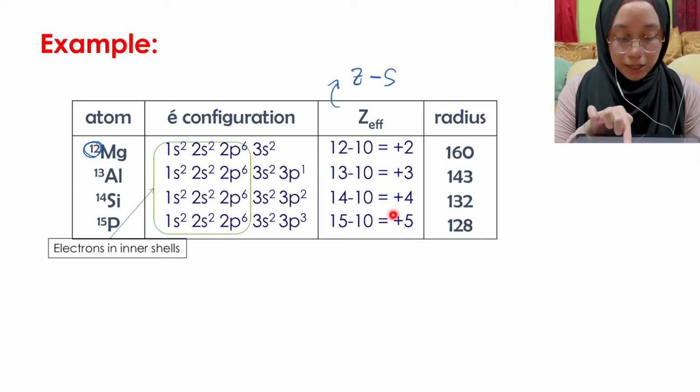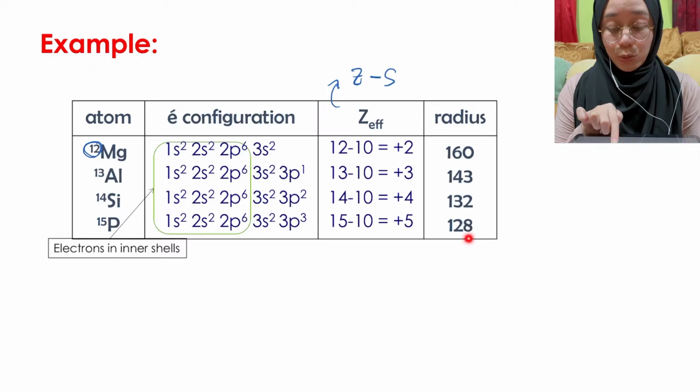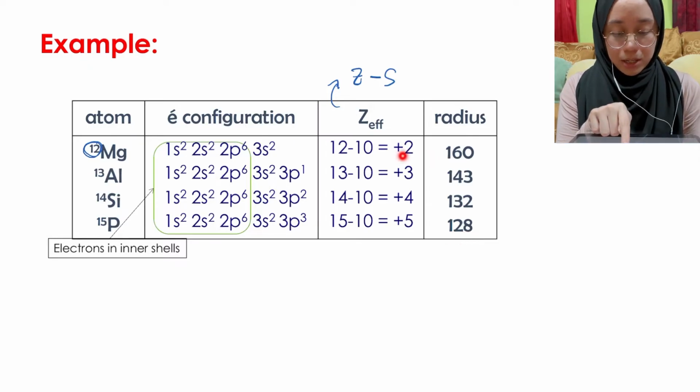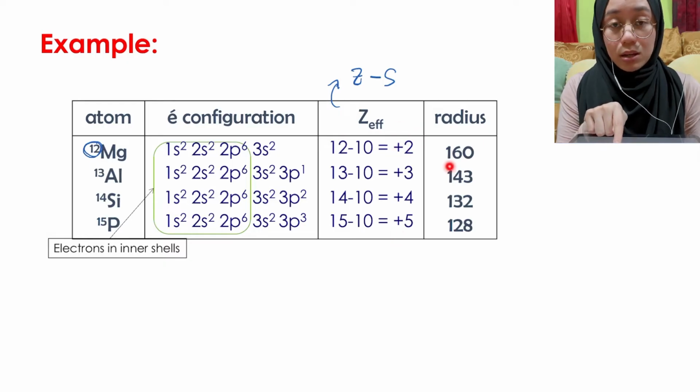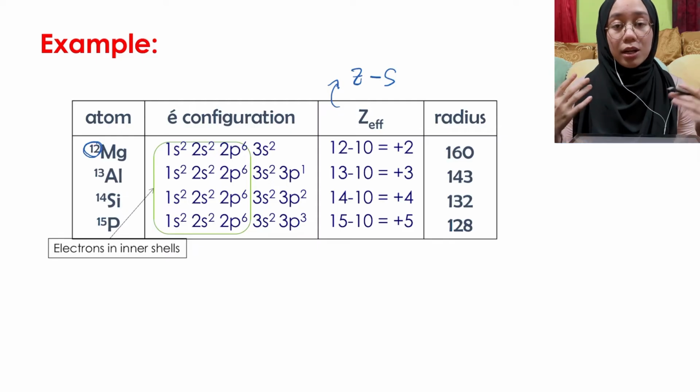Look at the ZEF for phosphorus, which is positive 5. The atomic radius is 128. Meanwhile, magnesium's ZEF is only positive 2 compared to positive 5. So as you can see, the radius is bigger compared to phosphorus, because the attraction forces between valence electron and nucleus are weaker.